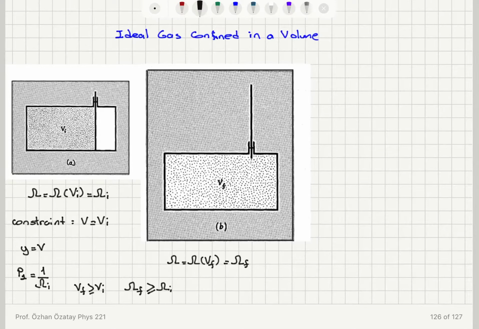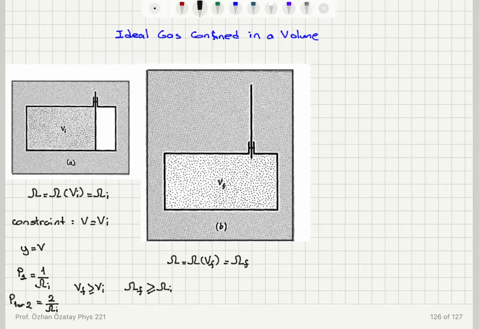Probability of one or two accessible states would be 2 over omega initial. Because remember, if it's an either-or configuration, we have to add the probabilities. So the probability of having accessible state 1 or 2, we add the two probabilities, and we get 2 over omega initial for this scenario.